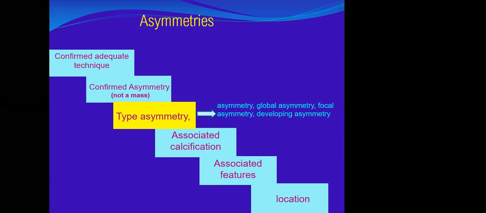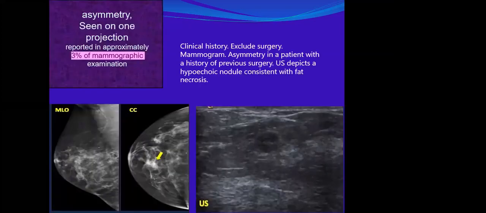Okay, so let us go through this. Here we have an asymmetry in the CC view, not well appreciated in the MLO. So this mammogram demonstrates an asymmetric abnormality not seen in the other standard view, so we prove that there is asymmetry.